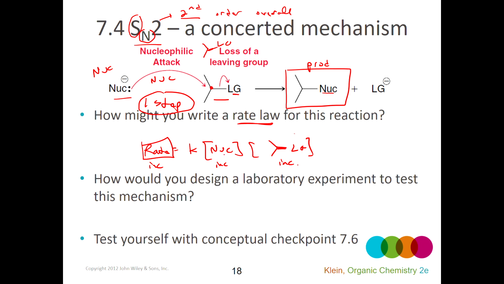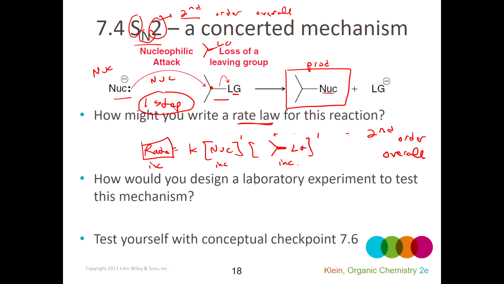Because doubling the amounts of either of those present is going to double how often collisions occur, and I'll get a proportional increase in how often those collisions can produce the product. So that's why they're both first order, and when I add those together, 1 plus 1, I get second order overall. So that's why it's called SN2, because it's second order.